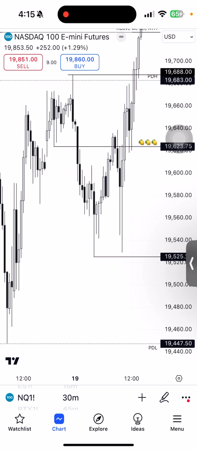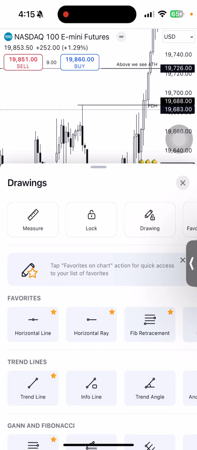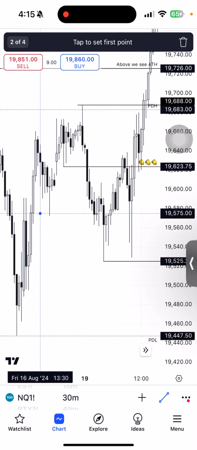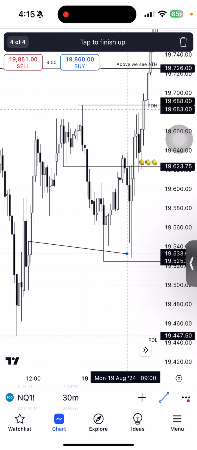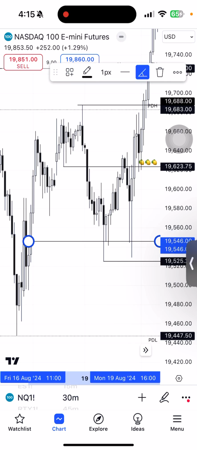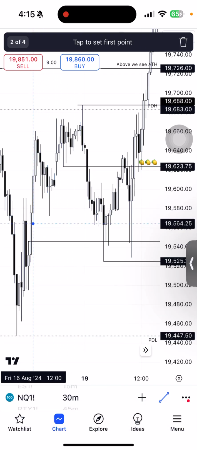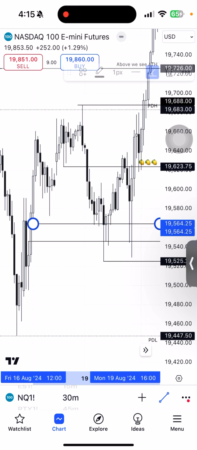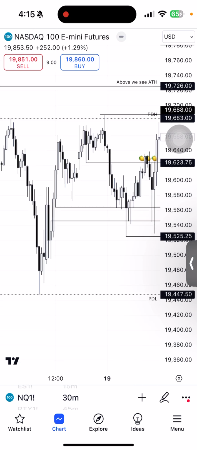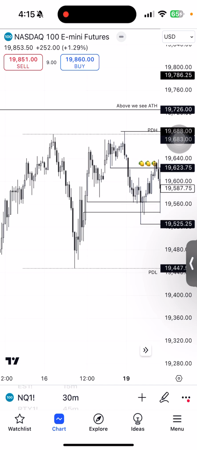So starting out here on the 30-minute time frame, we have this 30-minute imbalance being created. Here, you tell yourself, what has price done?